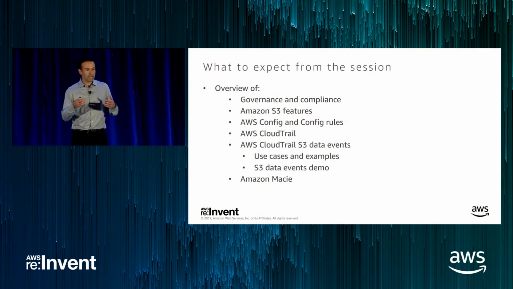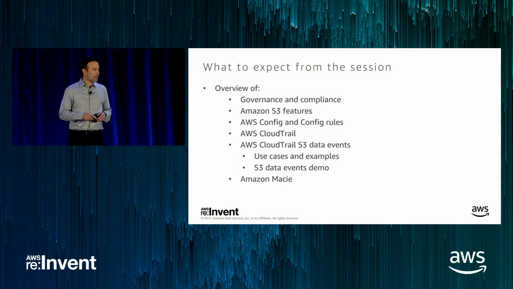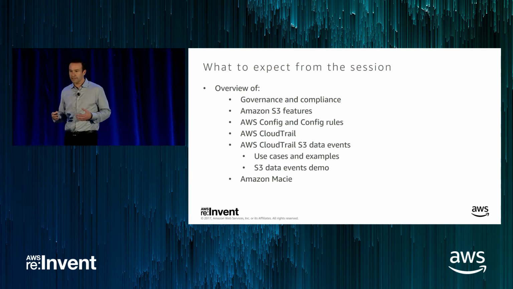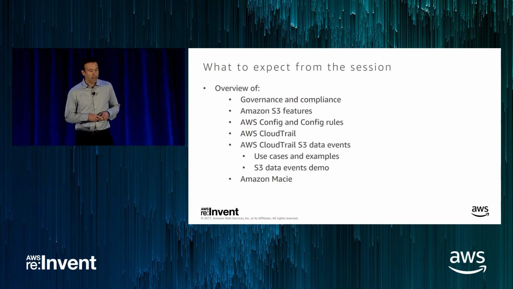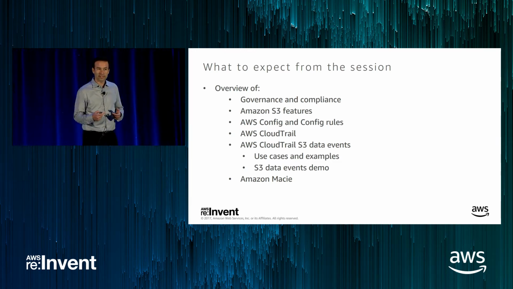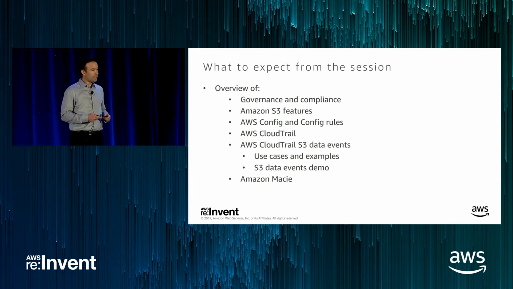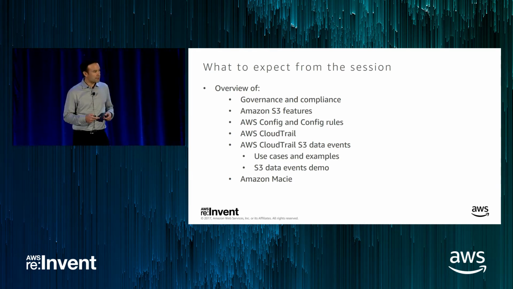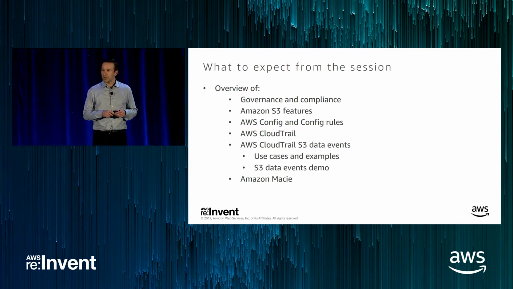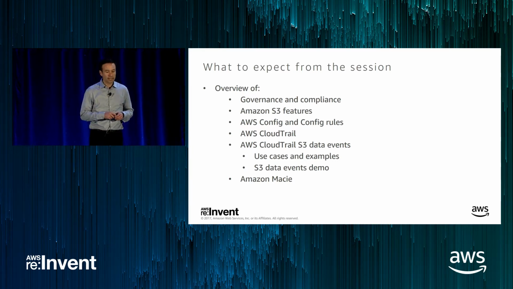So what we'll go through here is just a quick overview of governance and compliance. Really important just to level set so we know what we're talking about. I do want to cover some of the Amazon S3 features that can help. Then we'll jump into Config rules and CloudTrail, and we'll spend a little bit more time on CloudTrail, some best practices around it.